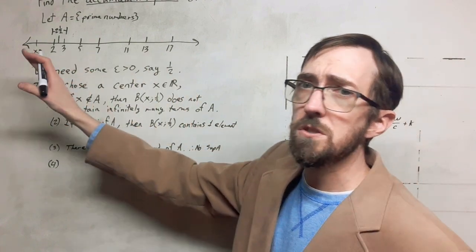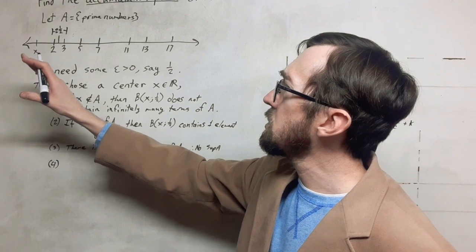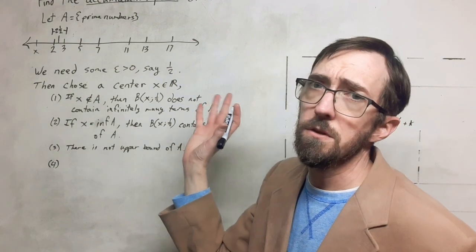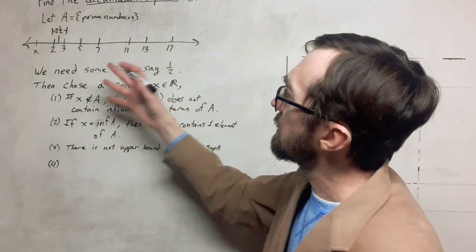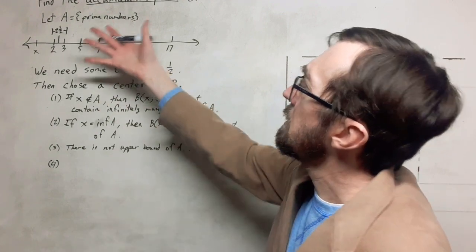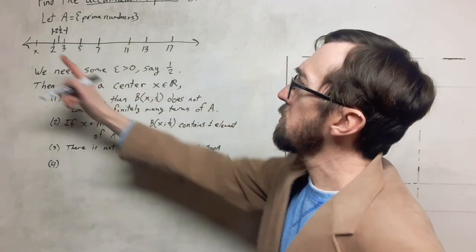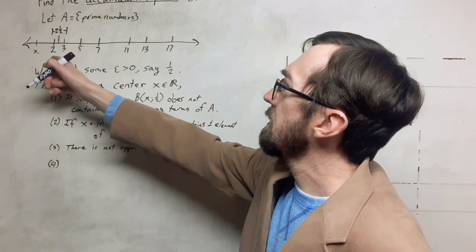What's the largest number that I can choose that is smaller than any other value in here, or equal to the smallest value in my set? Well, 2 is going to work for that.